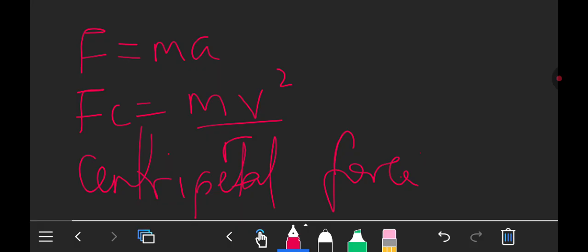So centripetal force is equal to mass multiplied by v squared over r.